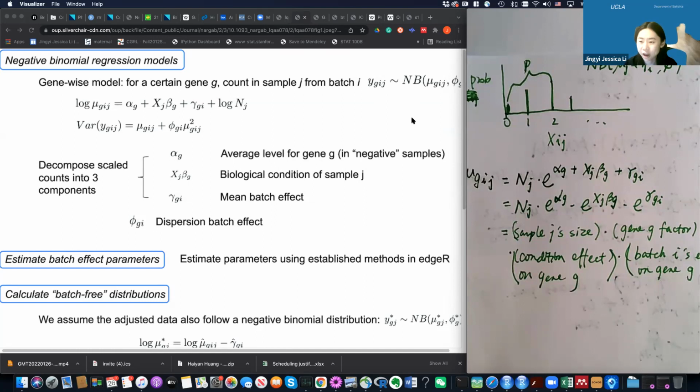I want to say that this has been a largely ignored concern in this field, because the sample size is often so small. Let's say you have just 2 batches, each batch has 3 samples, and those 6 samples belong to 2 conditions.